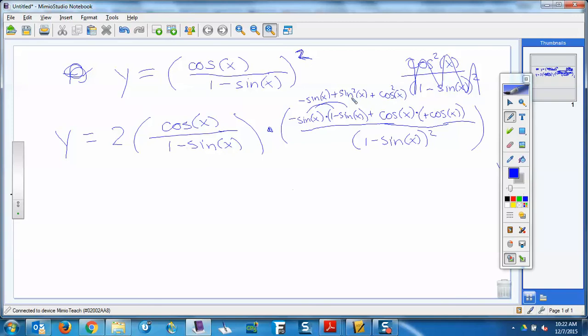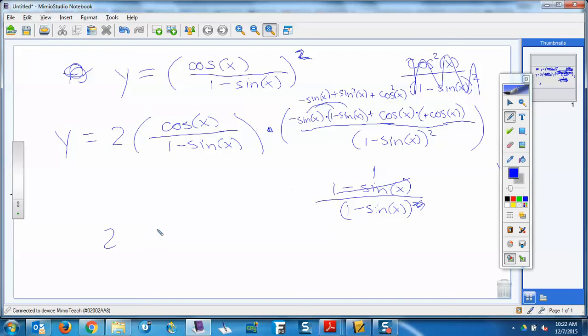And what's sine squared plus cosine squared? 1. So that whole top ends up being 1 minus sine x over 1 minus sine x all squared. So that whole inside, or that whole quotient rule, ends up being that.